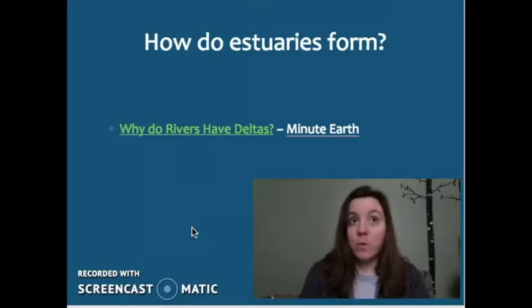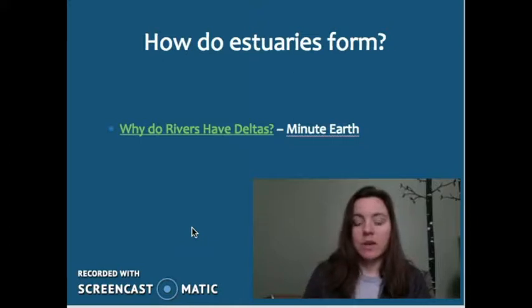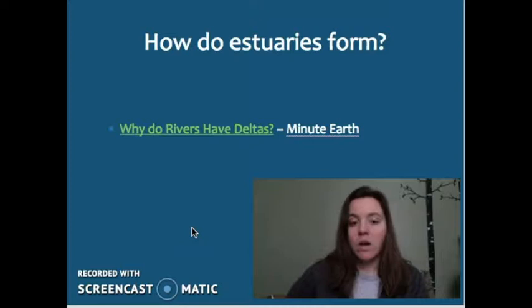Estuaries form over time. They're very ephemeral geologically, so that means that they come and they go. And they start out forming when a river delta deposits sediment, and you can watch that video about why do rivers have deltas and how do deltas form in the other videos that I have linked for you.